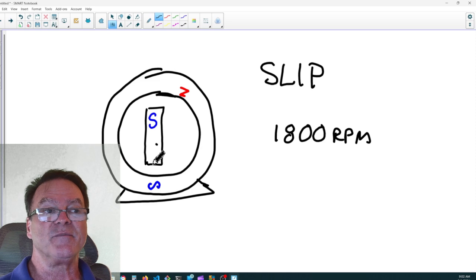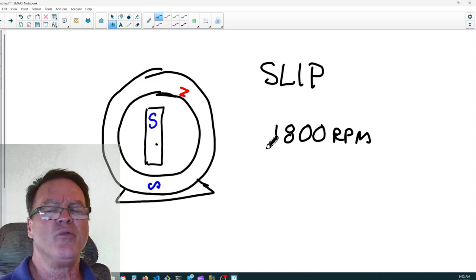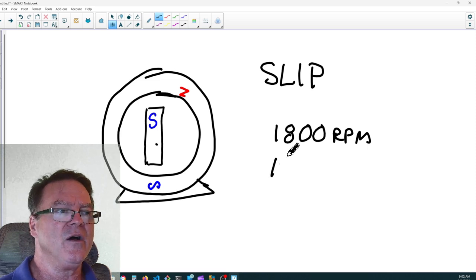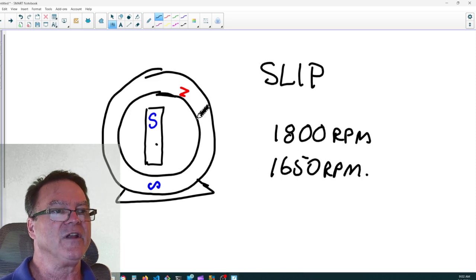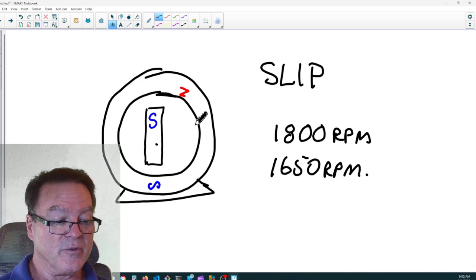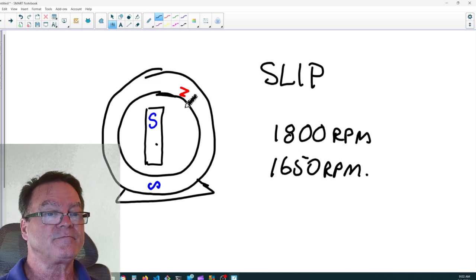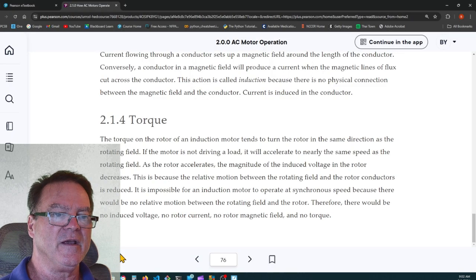They will turn at some speed less than. And this 1800 RPM, if you put a load on it, we might only be turning at 1650 RPM. If we have a heavy load on it, it's going to have a considerable amount of slip. All right, I wanted to explain that.